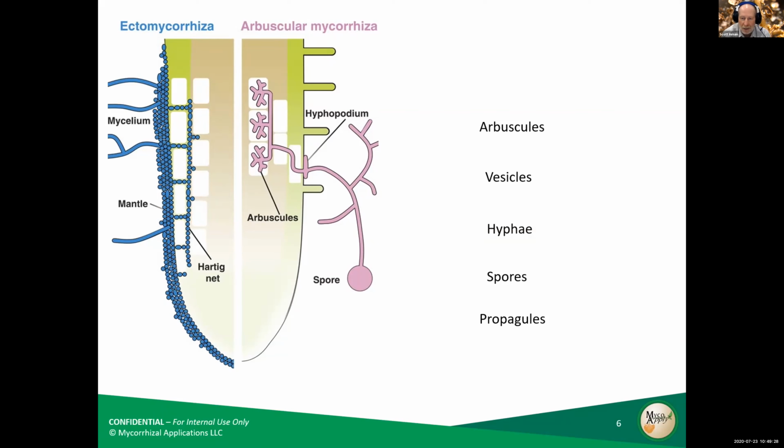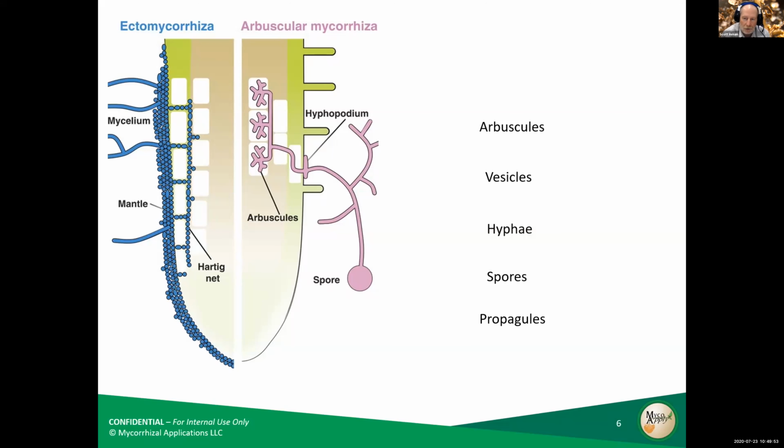Here's how this works. The plant sends out a signal that it wants to form an association, usually triggered by some type of stress, either nutrient or water or other stress. That signal causes the spore to germinate. The hyphae germinate, penetrate the root, and then penetrate the cell.